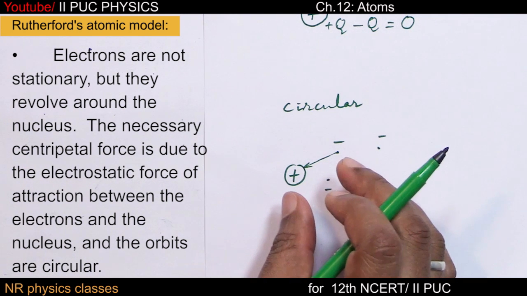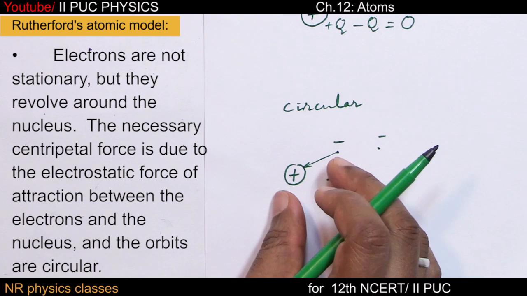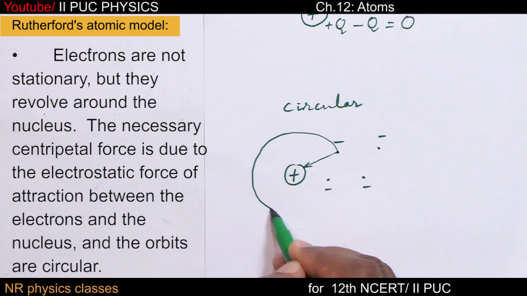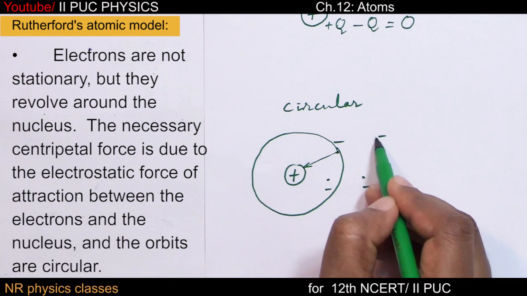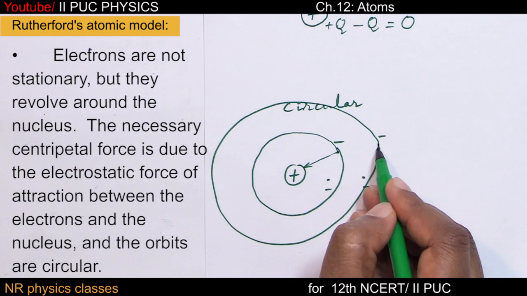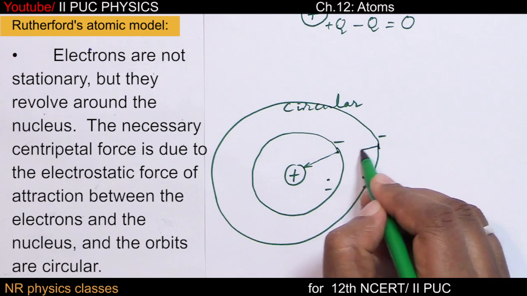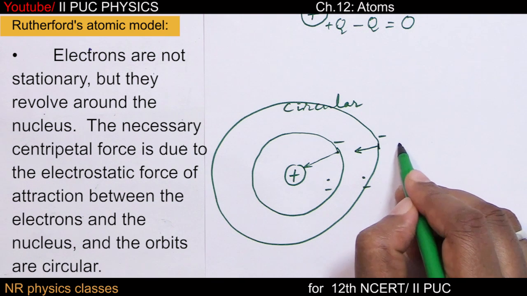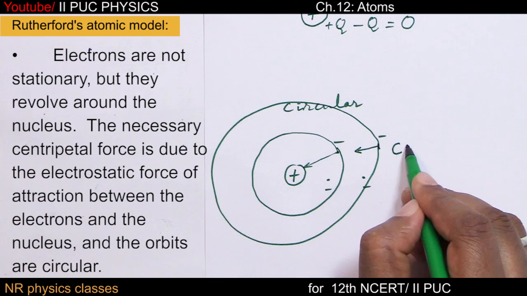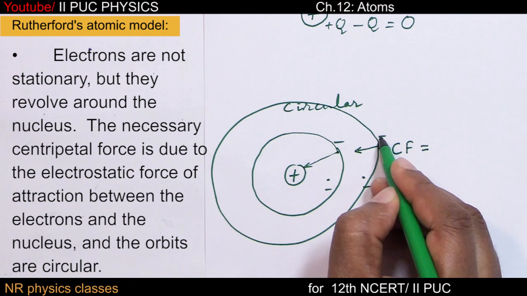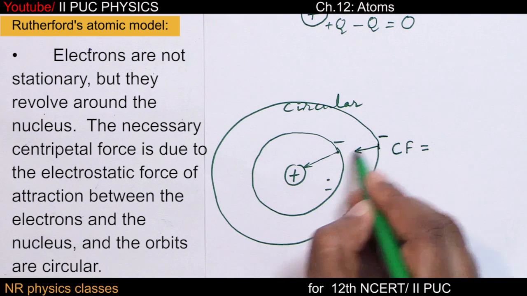To explain this, the atomic model assumed that electrons should be revolving around the nucleus. For the motion of electrons, there should be centripetal force, and the necessary centripetal force is provided by Coulomb's force of attraction between electrons and the nucleus.